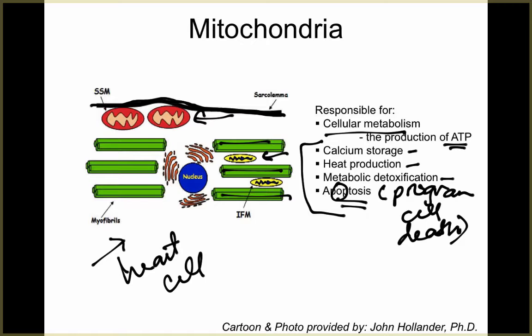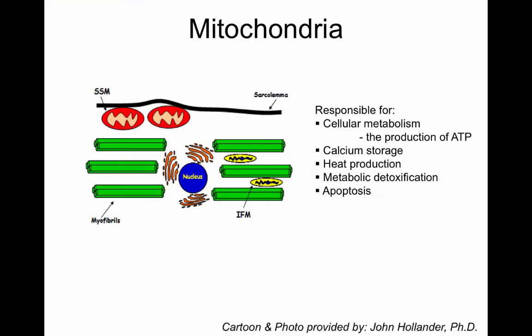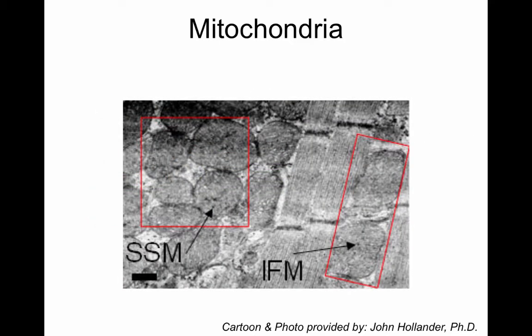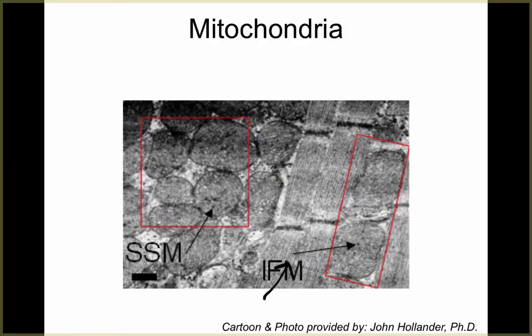The ones between the muscle fibers that are for heart contractions look different than the ones outside that are essentially used for the ATP for all the other functions in the cell. And so if you look at this, you can see these are the muscle fibers here, and this is outside. And if you look, these are kind of oblong, and these are very, very round.